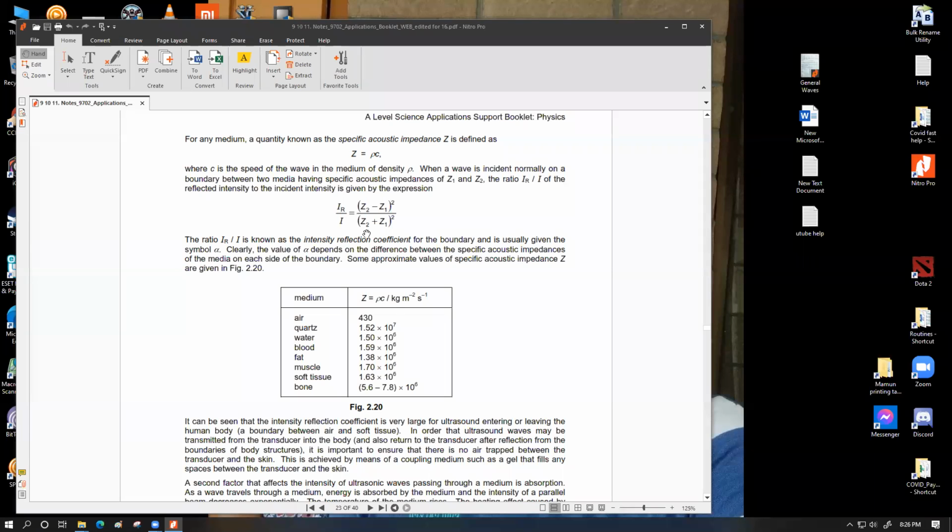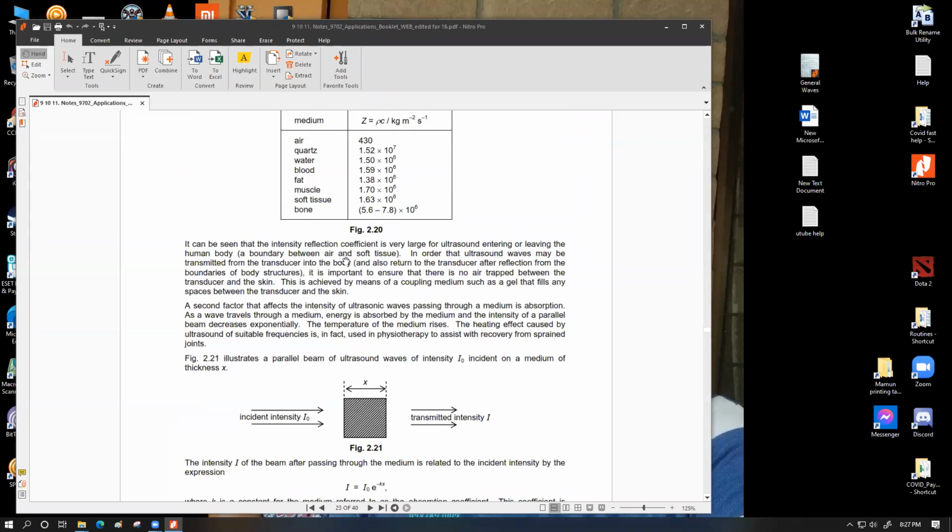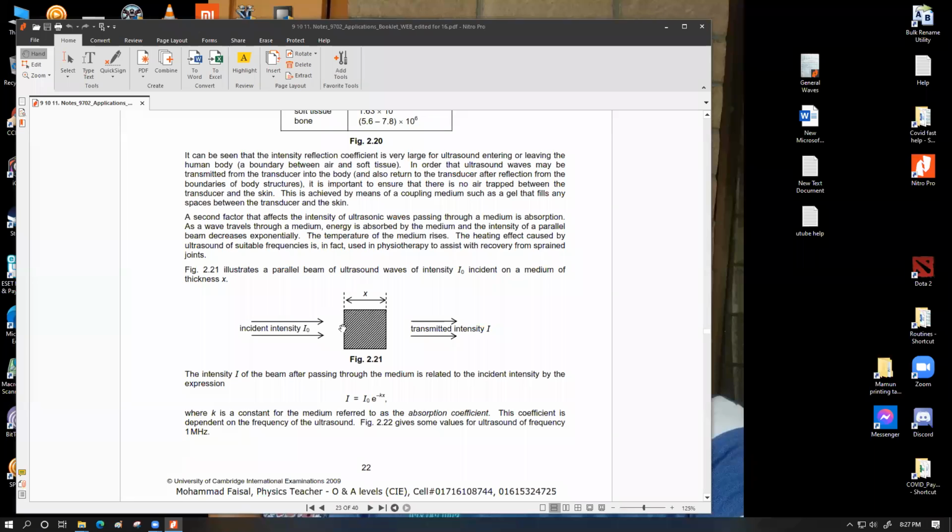So IR is the reflected intensity, I is the total incident intensity. If you do the subtraction of these two, you're going to have the transmitted intensity, which is not a part of this equation, but the basic subtraction can give us the transmitted intensity. And then this ray is going to start penetrating through the second medium, and this is going to give us some interesting happenings as the incident ray goes through a certain thickness of medium.